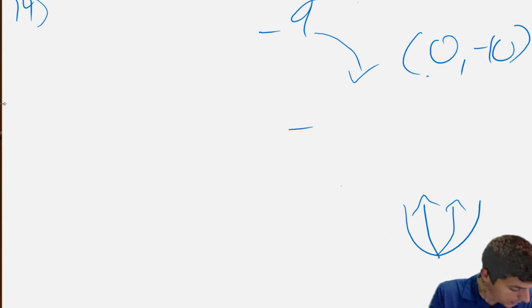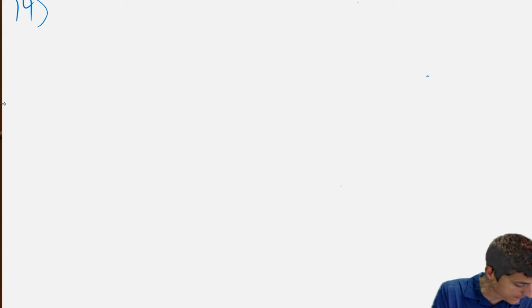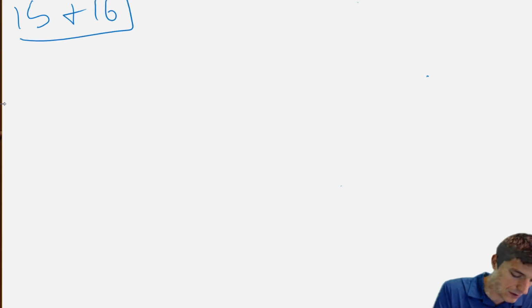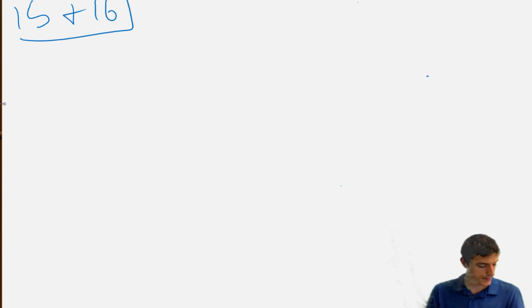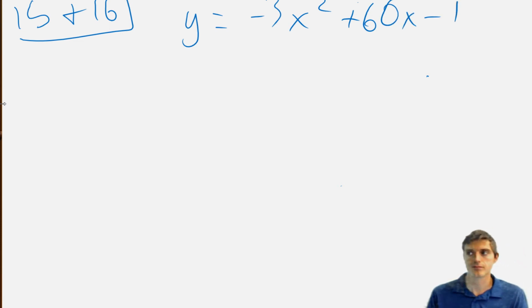Okay, so 15 and 16, we're trying to find the parabola. No, we're not trying to find the parabola, we're given the parabola. We're trying to find the vertex and the axis of symmetry. And they are really connected problems, right? So I have y equals -3x squared plus 60x minus 1.